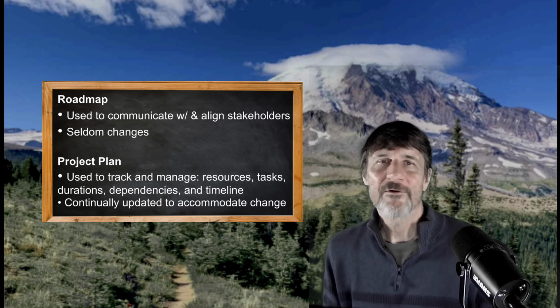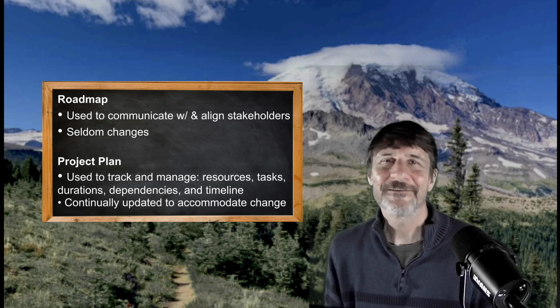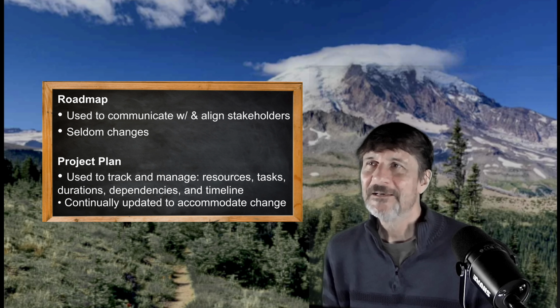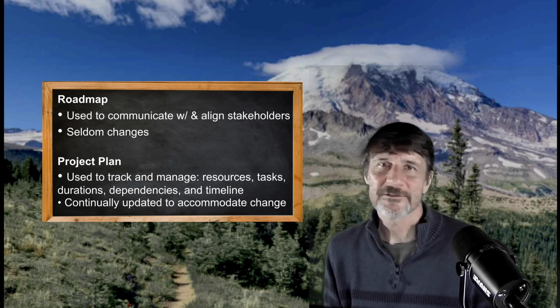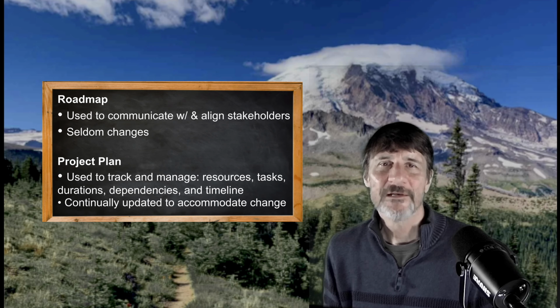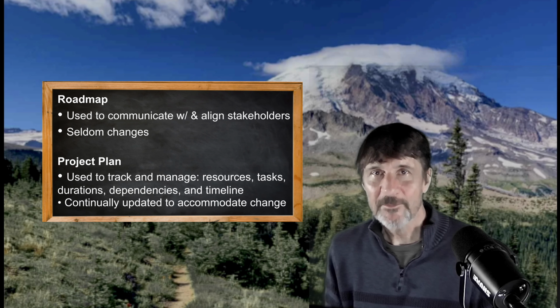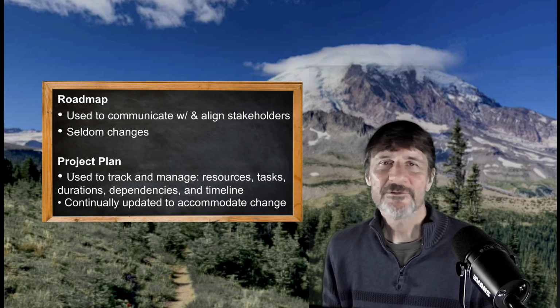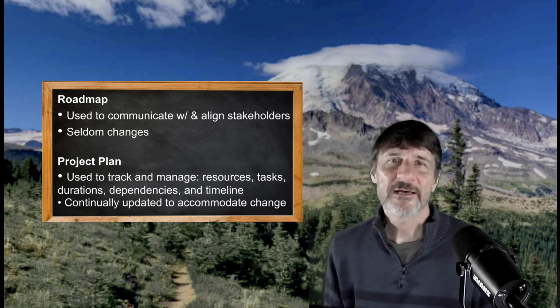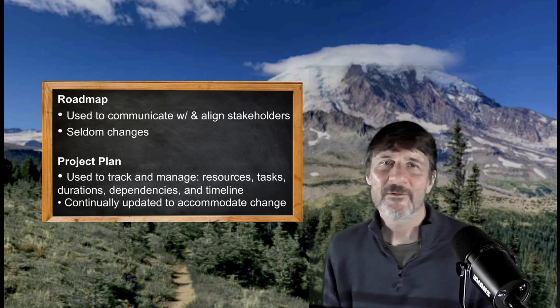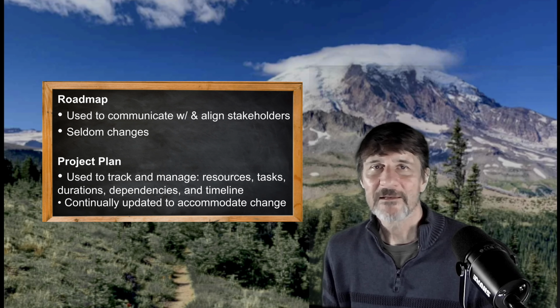A project plan, however, is primarily used by the project manager and team to track things such as resources, tasks, dependencies, durations, etc. A project plan, if constructed properly, can not only be used to track the interdependencies across these elements, but also forecast the impact that changes may have on the project, and can be used by the project and program manager and team to help find ways to improve the efficient and effective use of resources and time.